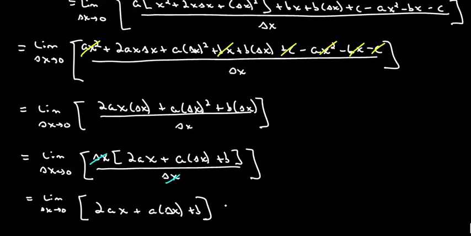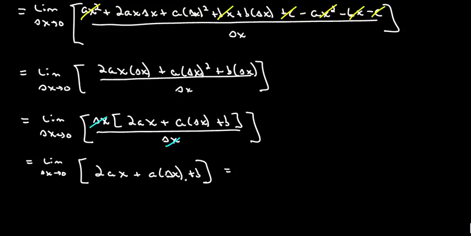So we get this, and now when we take the limit of each of these pieces as delta x goes to 0, this guy goes to 0, so this whole guy right here drops out because it's 0. So we're left with 2ax plus b. Okay. Now what did that give us?